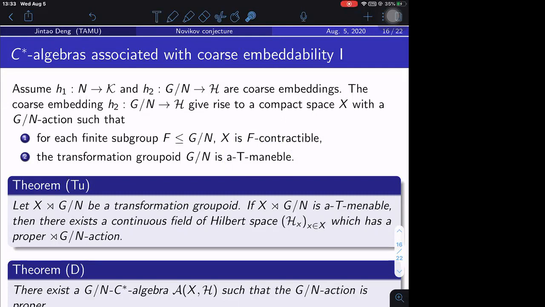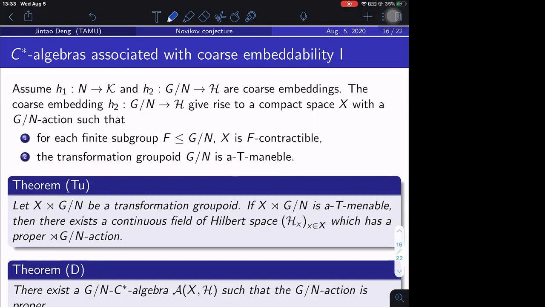Essentially this construction is due to Professor Higson. Here it is contractible just because it's some complex space of probability measures.